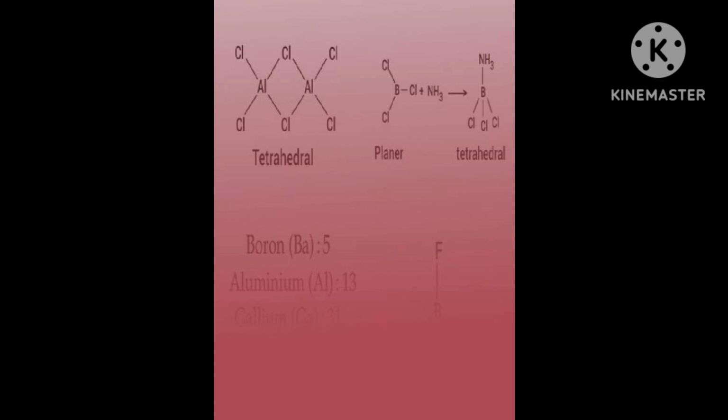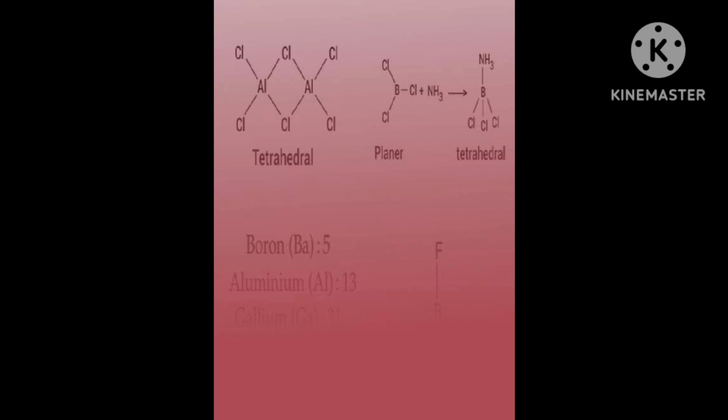Na2B4O7. Aluminium and gallium oxides are amphoteric. Amphoteric means acidic and basic nature. Both natures it has. It can function as acid or base. Aluminium and gallium oxides are amphoteric, and those of indium and thallium are basic.